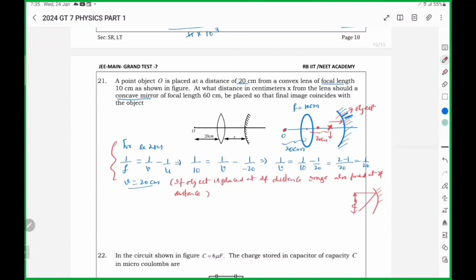So that means, here the focal length is 60 centimeters. 60 means the center of curvature will be at 120 centimeters. So this distance is 120 centimeters.